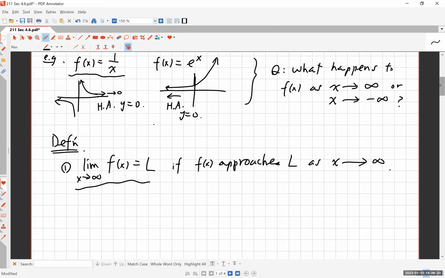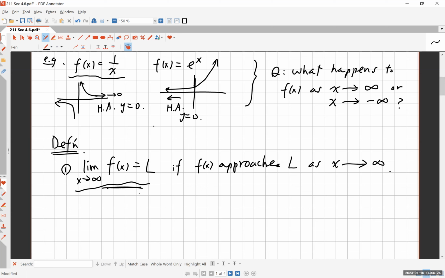And that's true. Now that's an informal definition. Remember, we had an informal and a formal definition of a limit. And so this is the informal version. Basically, all it says is f of x gets closer and closer to L, where the difference between f and L approaches 0 as x approaches infinity. Now, of course, there is a more carefully worded definition. I don't know if you actually want to hear this, okay?